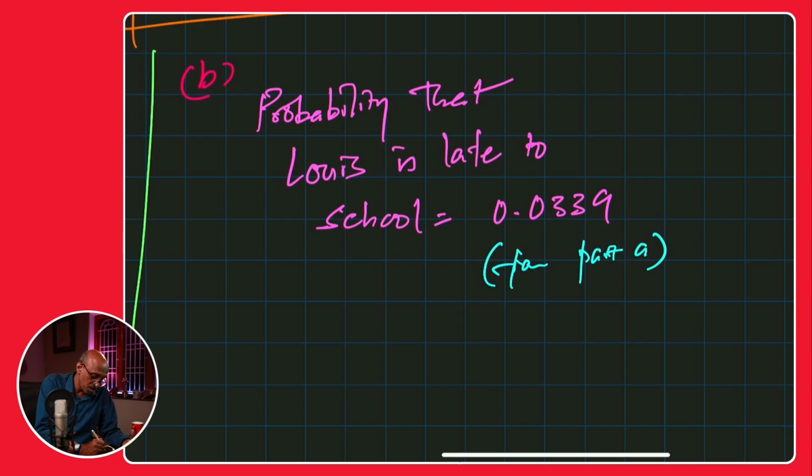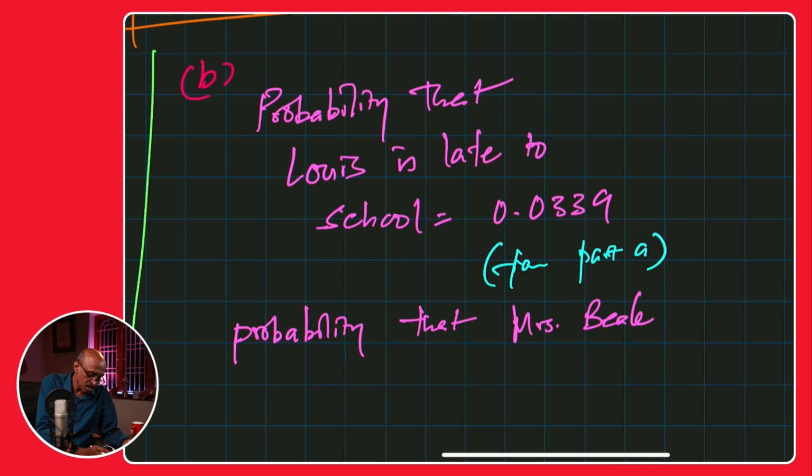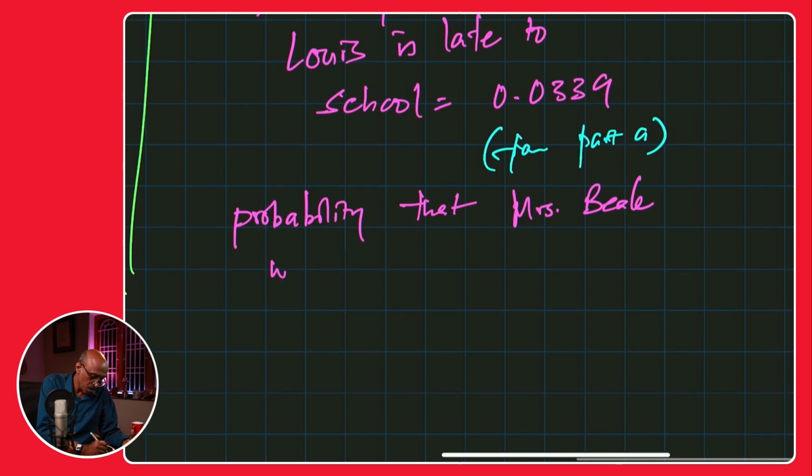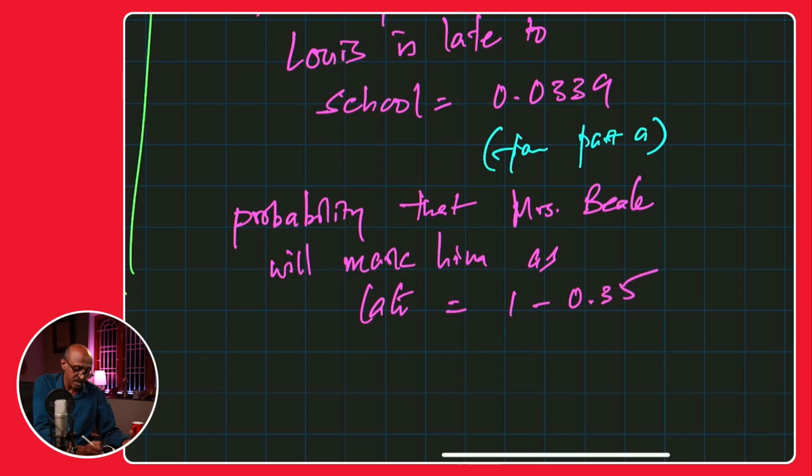Cool. Now, according to the question, we have the probability that Mrs. Beale will mark him as late, not absent. Late is 1 minus 0.35, and that is basically 0.65.